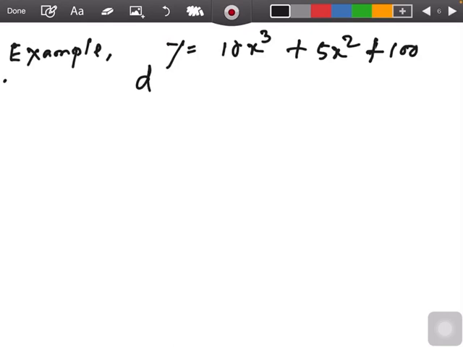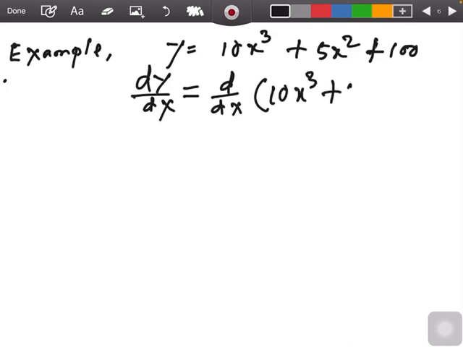So dy by dx will be d by dx of 10x cube plus 5x square plus 100.